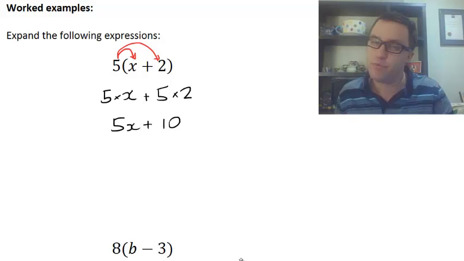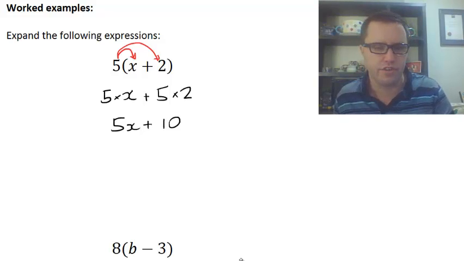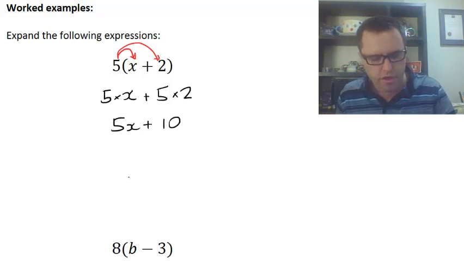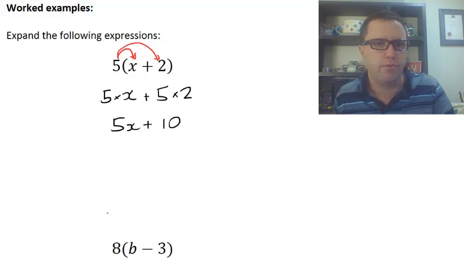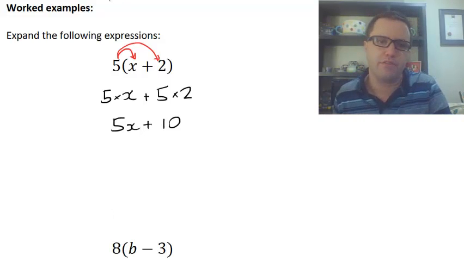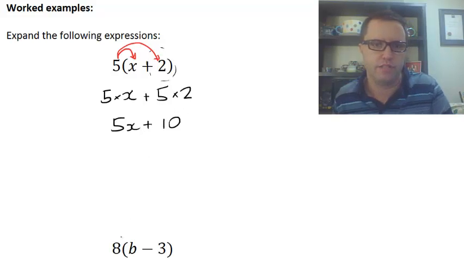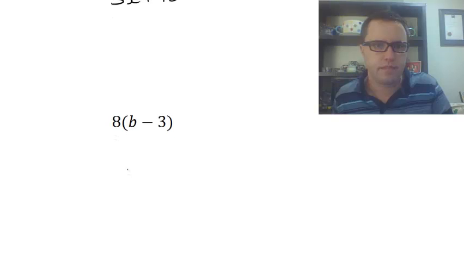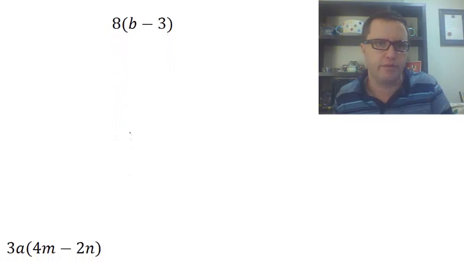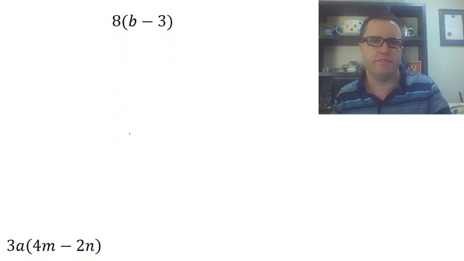Probably really starting to get the hang of this even now watching this video. It's not necessarily one of the more difficult things to do. The hardest thing to remember is to distribute onto the extra terms in there. It will be very tempting to just get rid of the bracket and just have the first term.